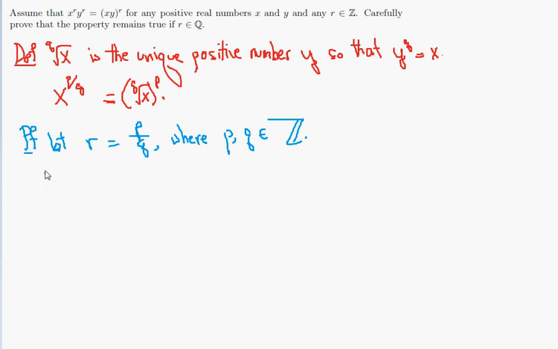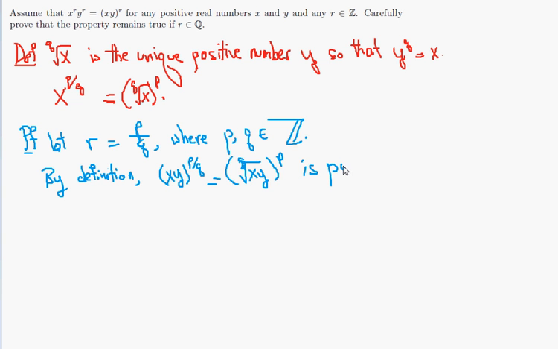So by definition, x times y, all raised to the p over q power, by definition, that is equal to the qth root of x times y raised to the p. Now the qth root inside the parentheses is by definition a positive number, and so when I take a positive number and raise it to the pth power, it must be positive.